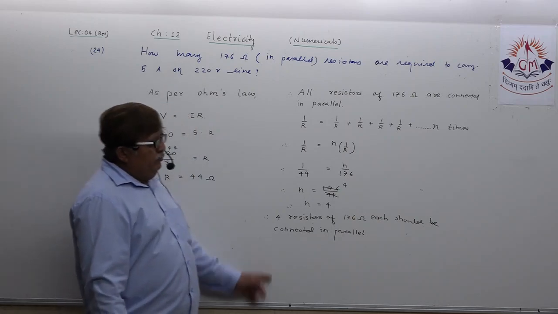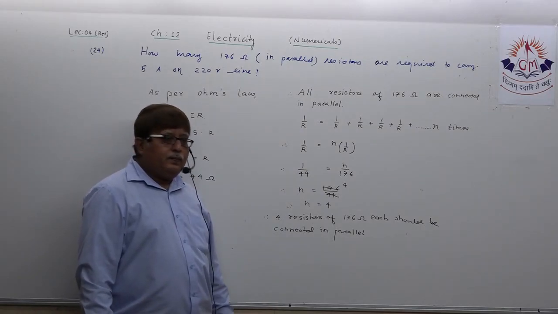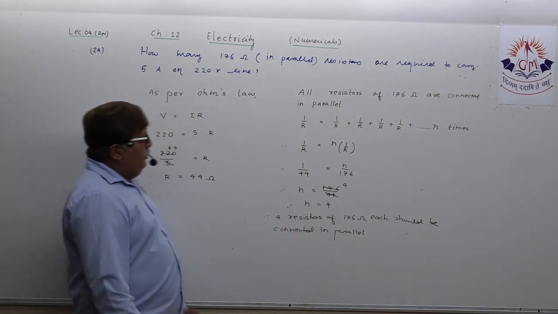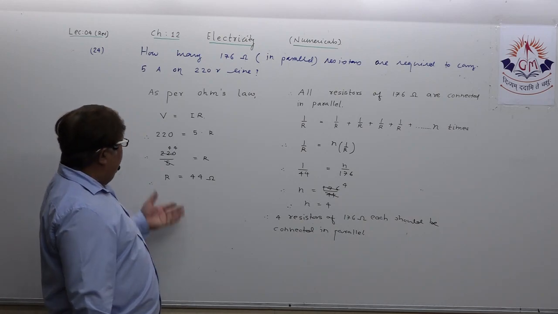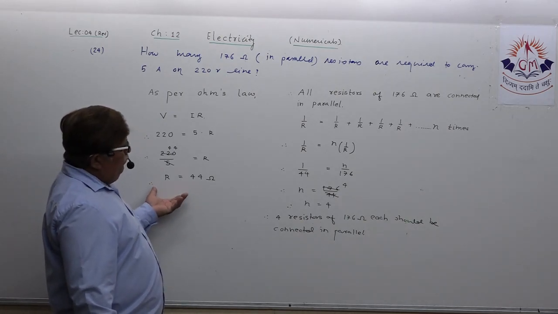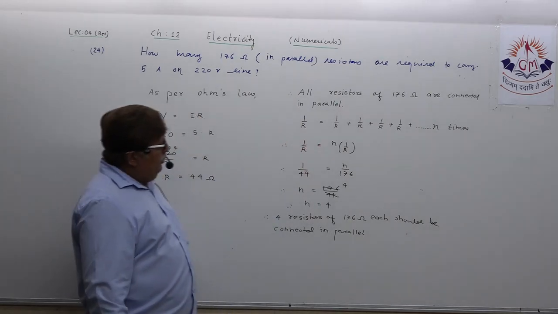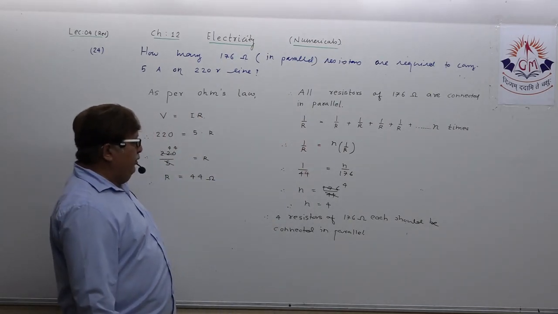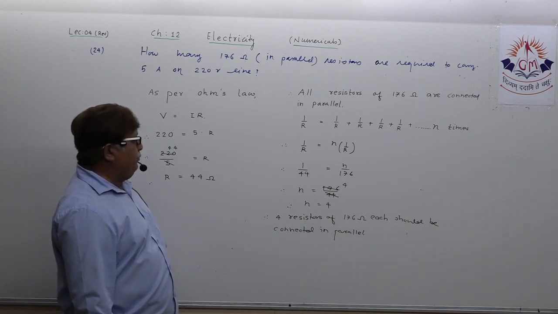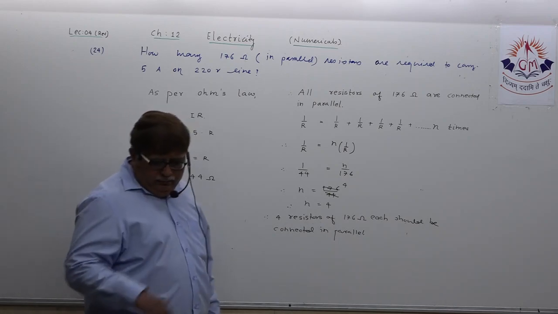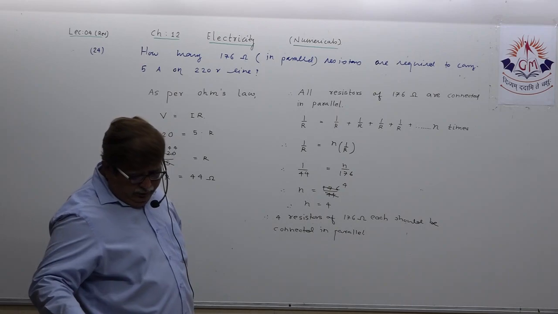Understand? So this is the way you need to understand. Here in exam, they can suppose ask, did you get 44 ohm? Here, dear student, one very important thing I want to share with you. One very important MCQ. Please highlight.